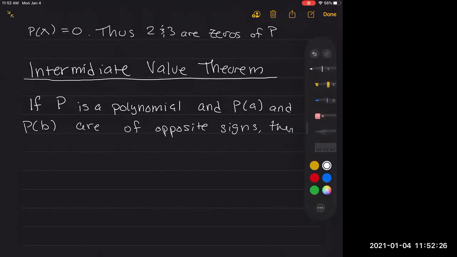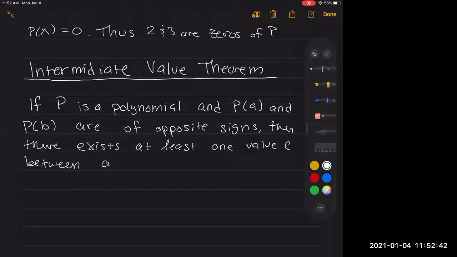Then there exists at least one value, C, between A and B, such that P of C equals 0. All right.